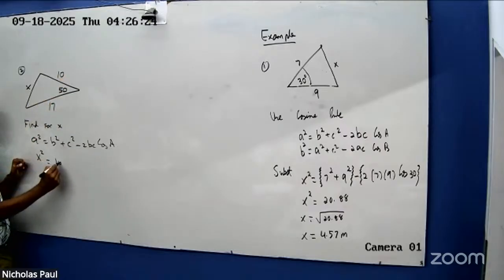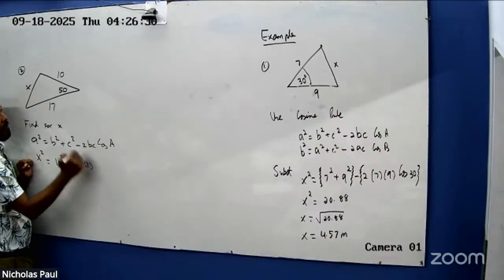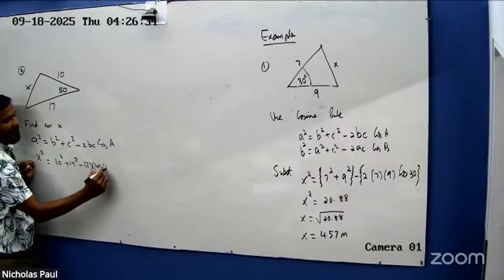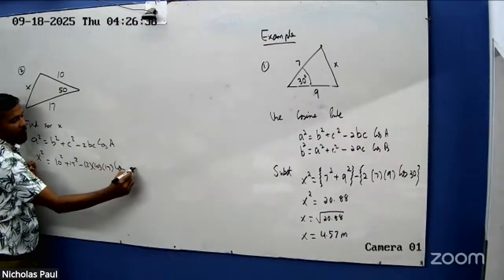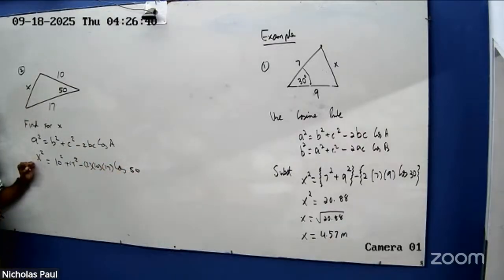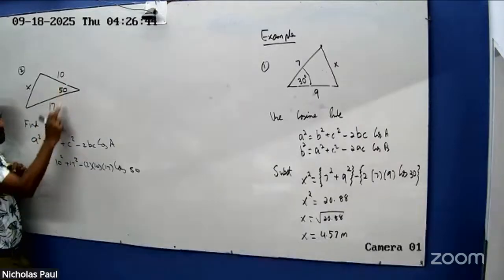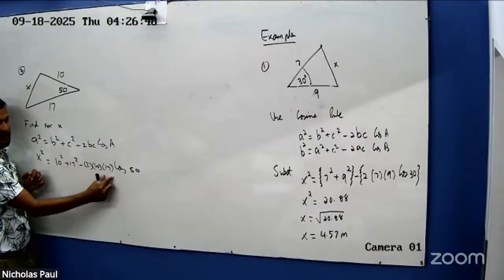Well, 10 or 17, it doesn't matter. And you have B and C. So it's 2 multiplied by B multiplied by C cosine of the angle in the middle. That's okay? So all you're doing is just substituting B, C, 2 by same values, cosine 50.